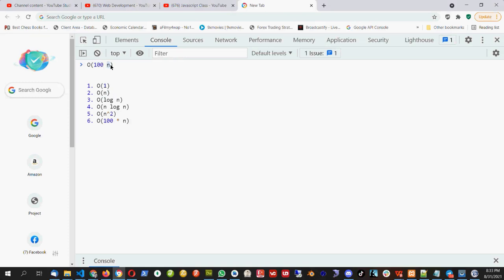You don't have to worry about the constant if we have n. You have to take the highest term which we see in the equation and ignore the constant value. So when I say 100n, option 6 is wrong because 100n is not a right Big O notation. The right Big O notation is O(n), because n is the biggest. We don't have n square or log n or anything else, so n is the biggest in this one. We have to ignore the constant. So the right answer is O(n).